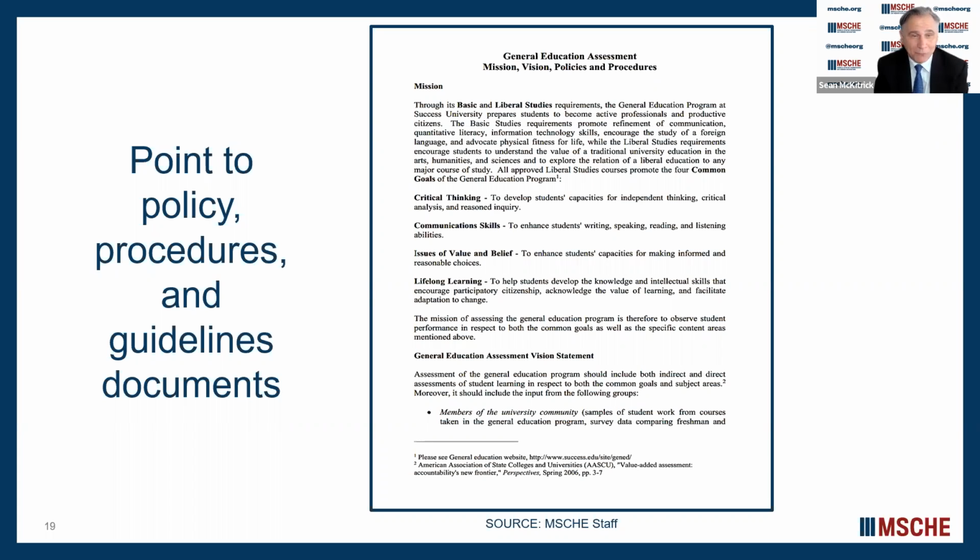Now, don't panic if you don't have it this nicely done, but the idea is to have some document that will enable evaluators to understand the underlying structure for what you are trying to evidence.